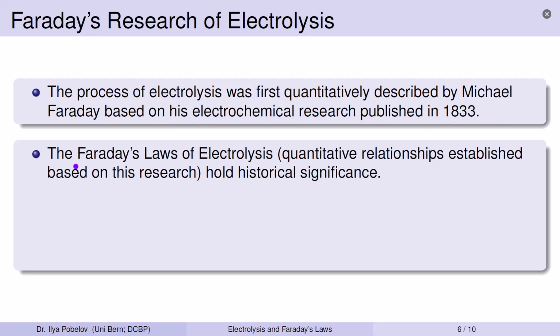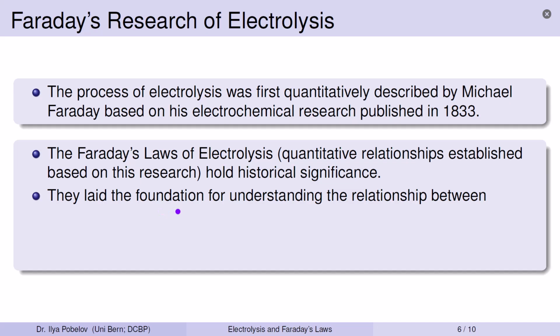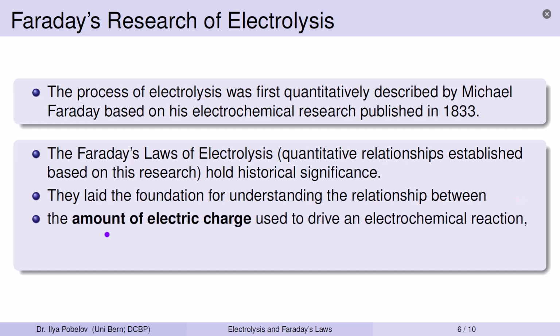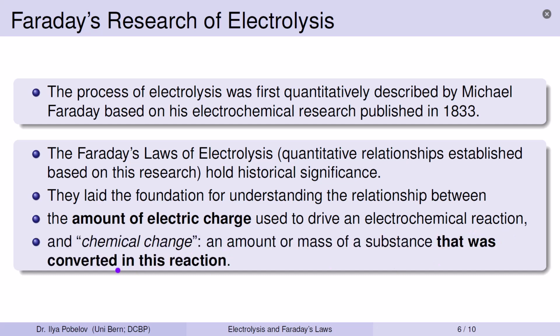The Faraday's laws of electrolysis, quantitative relationships established based on this research, hold historical significance. They laid the foundation for understanding the relationship between the amount of electric charge used to drive an electrochemical reaction and chemical change, which means an amount or mass of a substance that was converted in this reaction.